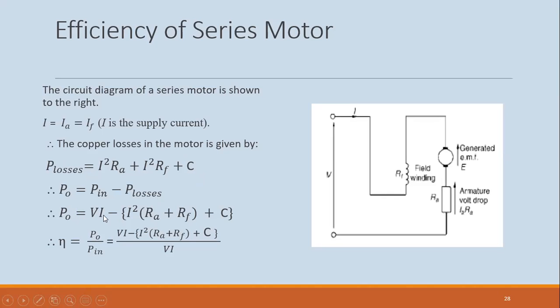So P out is equal to VI minus all of that. When you see all these letters, you might feel a little apprehensive. But once you start to put in numbers, it works out fairly easy. So bear in mind that as quick as you can, you convert these to numbers, and then it will work out. You will see how simple it is.